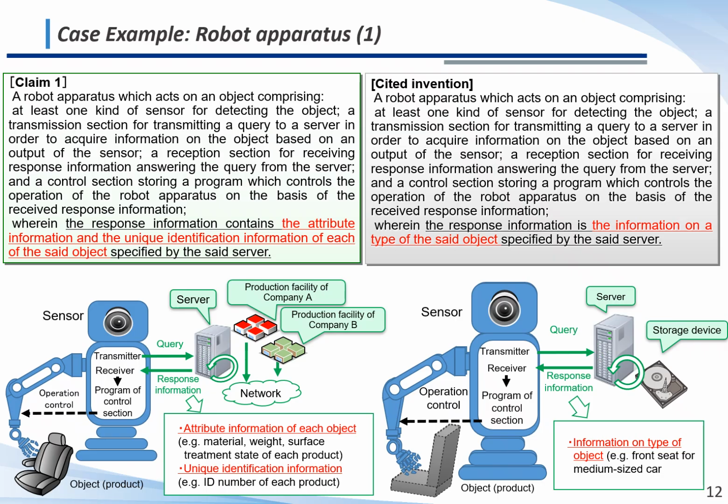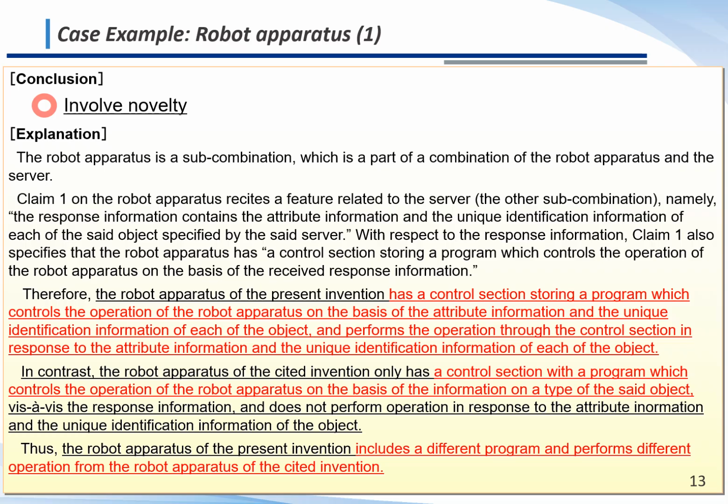Then, in the present invention, the response information contains the attribute information and the unique identification information of each object specified by the server. In contrast, in the cited invention, the response information is the information on the type of object specified by the server. Claim 1 of the present invention is determined to have novelty in comparison with the cited invention, which will be explained here.